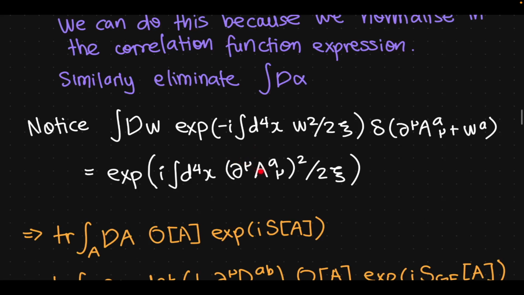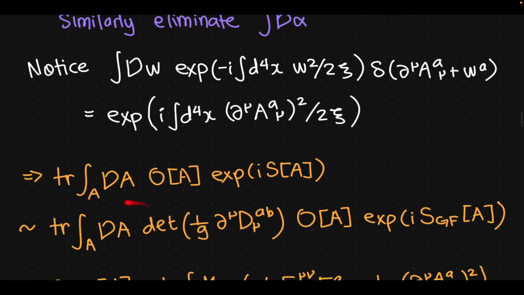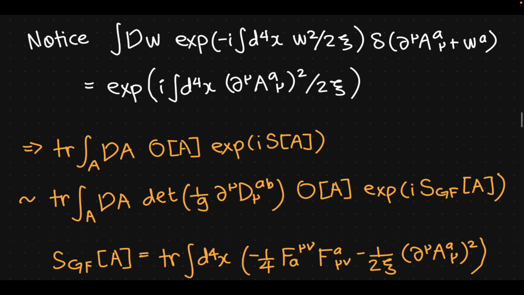So the W changes into this derivative of A, and we no longer have this annoying delta to bother us. So the numerator we started with for the correlation function is up to some normalization, which is why I'm not writing equal. There's this normalization, this path integral over W that we have just introduced.